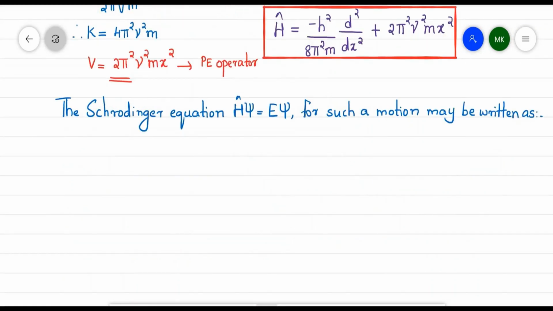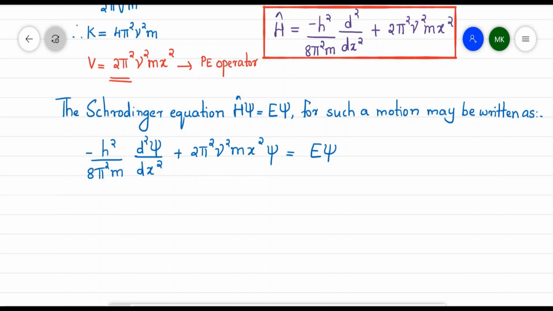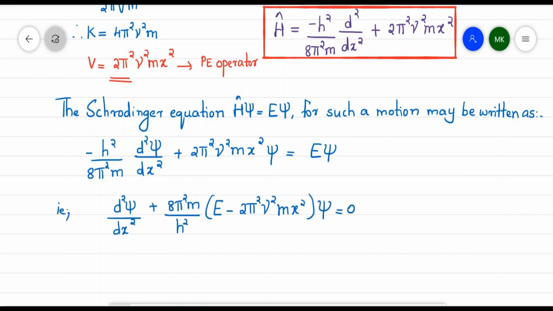The Schrodinger equation H cap psi equals E psi for such a motion may be written as minus h square by 8 pi square m d square psi by dx square plus 2 pi square nu square m x square into psi equals E psi. We can rearrange this equation as d square psi by dx square plus 8 pi square m by h square into E minus 2 pi square nu square m x square into psi equals 0.